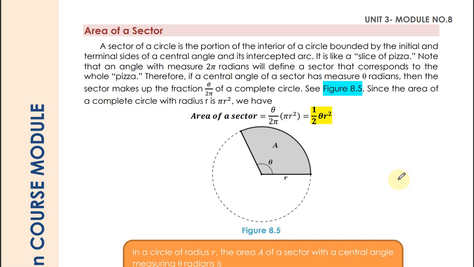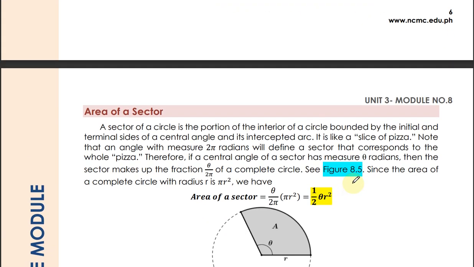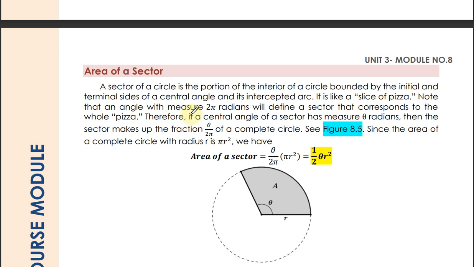So next is the area of a sector. A sector of a circle is the portion of the interior of a circle bounded by the initial and terminal sides of a central angle and its intercept arc.